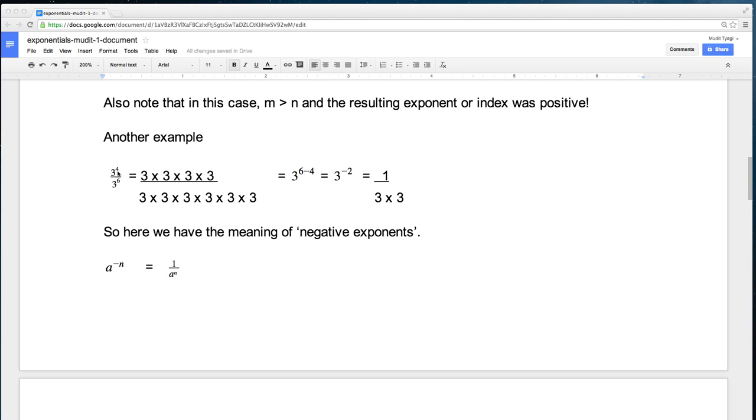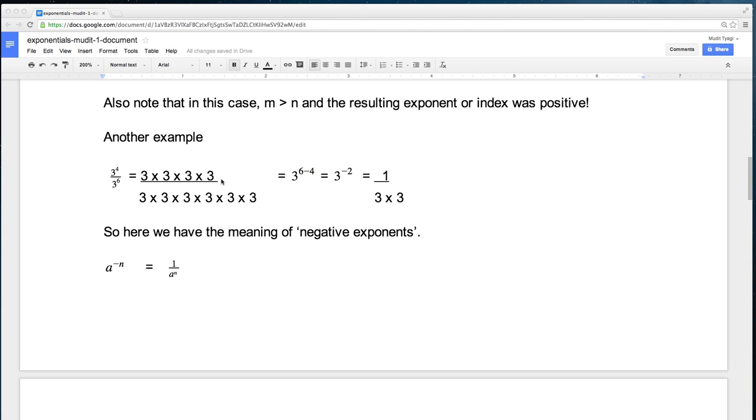So we've got 3 to the 4 divided by 3 to the 6, and you can see that 4 is less than 6. So we've got 3 times 3 times 3 times 3, so 3 multiplied by itself 4 times, divided by 3 multiplied by itself 6 times.